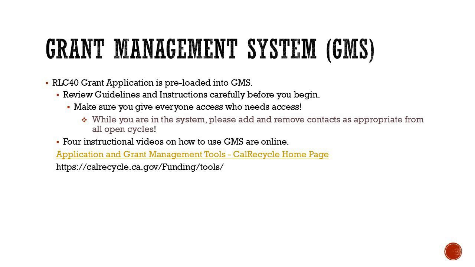So they will be able to see it if they log in. So whoever is in there currently has access. If you need to add a new contact, you'll have to give them access, and I'll show you that in a little bit. There are 4 instructional videos on how to use GMS online, and there is a link in this presentation that you can link to get there.